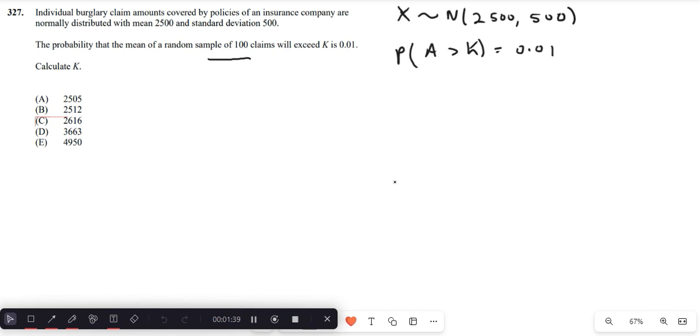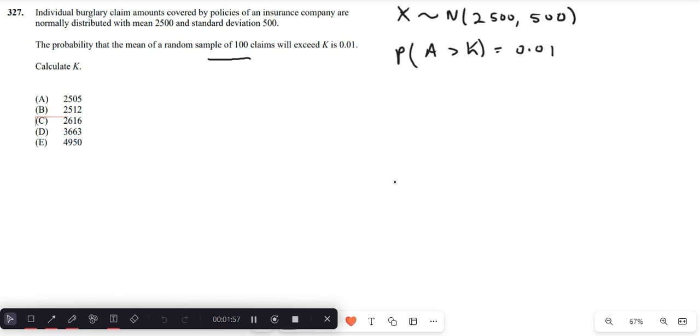In order for me to calculate the value of k, I need to find the expected value of A and the variance of A. Please bear in mind that A has a normal distribution.